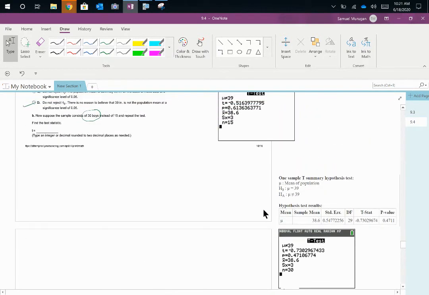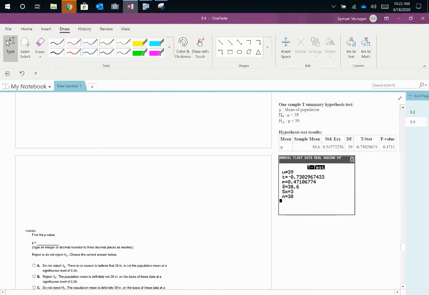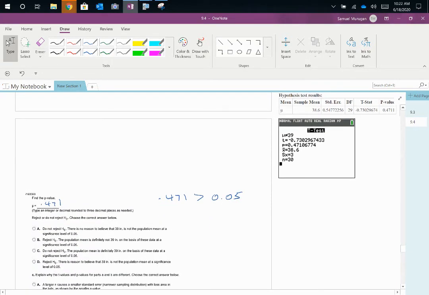All right, so both show the same result of negative 0.73 for the t-statistic. And the p-value in both cases is 0.471 to 3 decimal places. So again, 0.471 is greater than 0.05. So we do not reject the null hypothesis once again.